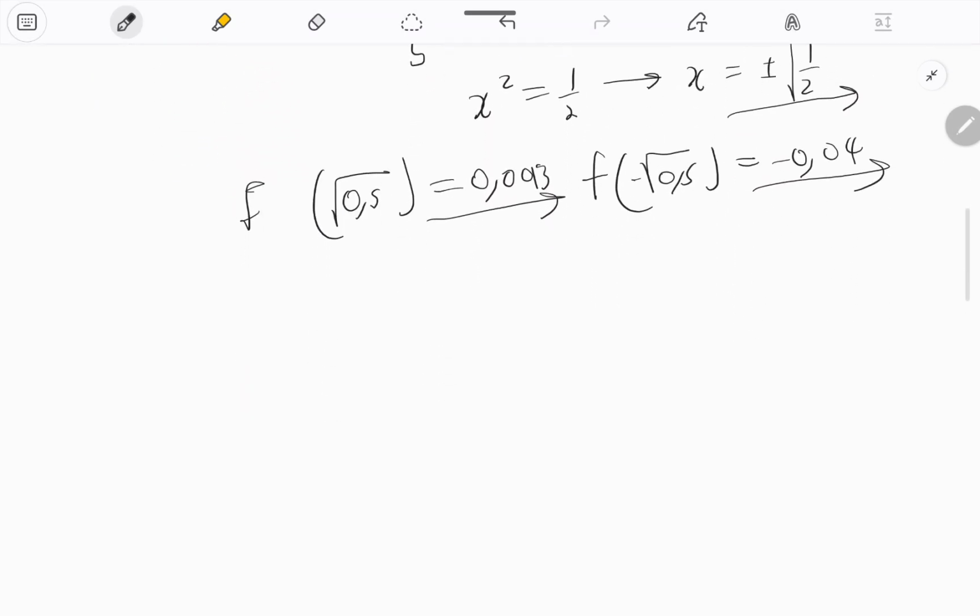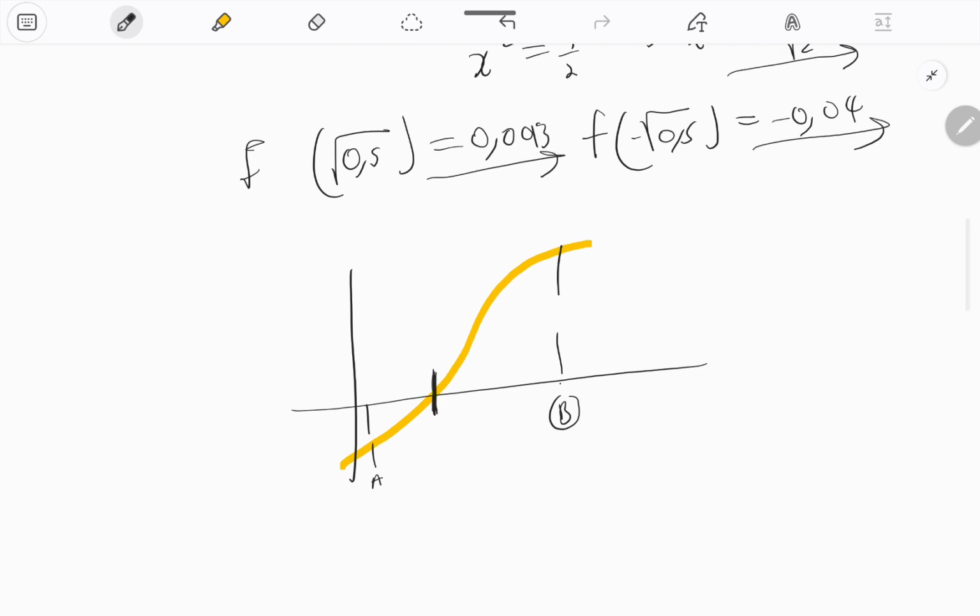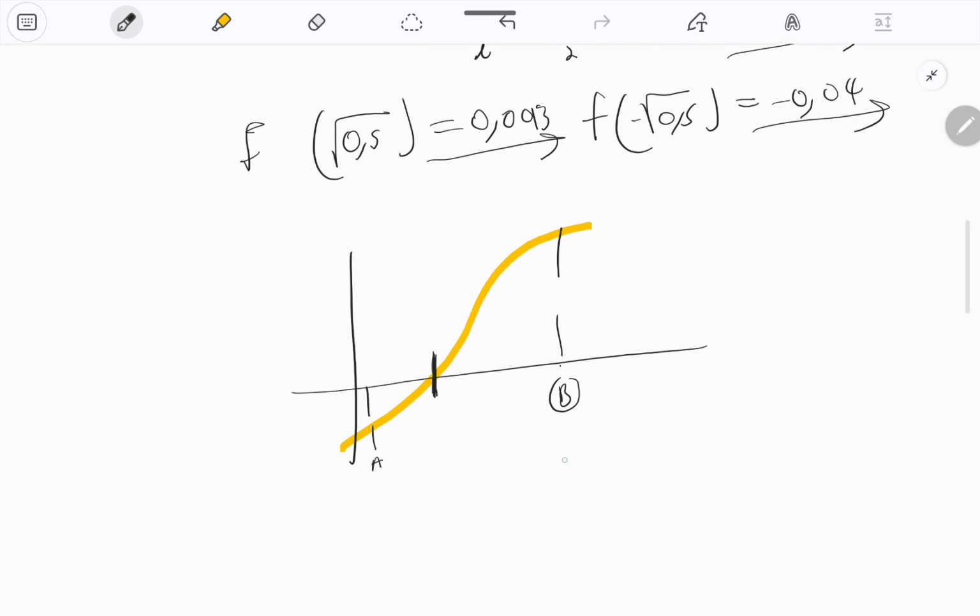what bisection does, thinking, you have a function, and you have a and b. For the root to exist in the interval a and b, there should be somewhere where you can put f of some number c such that you get 0.